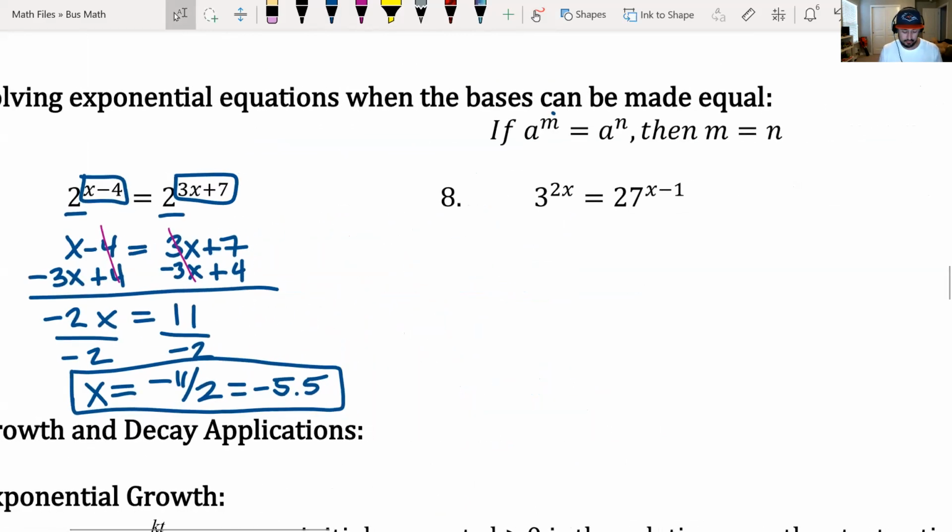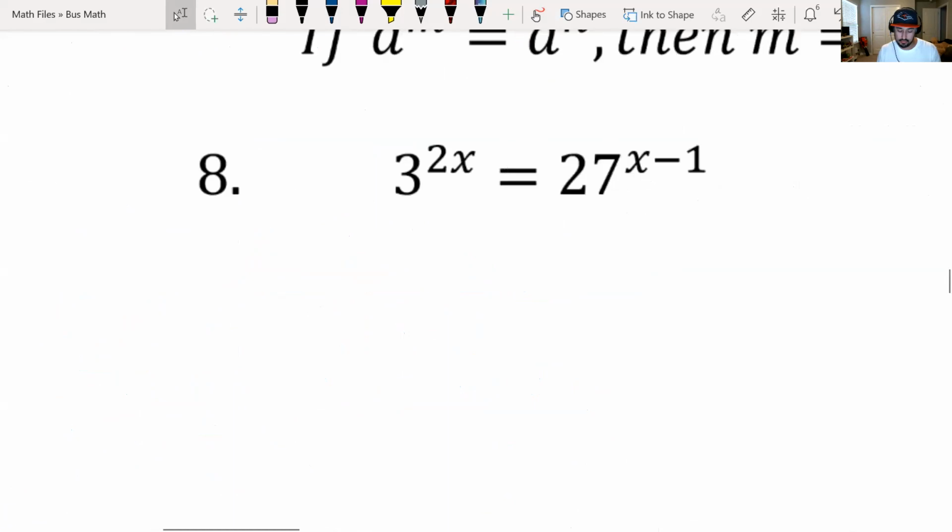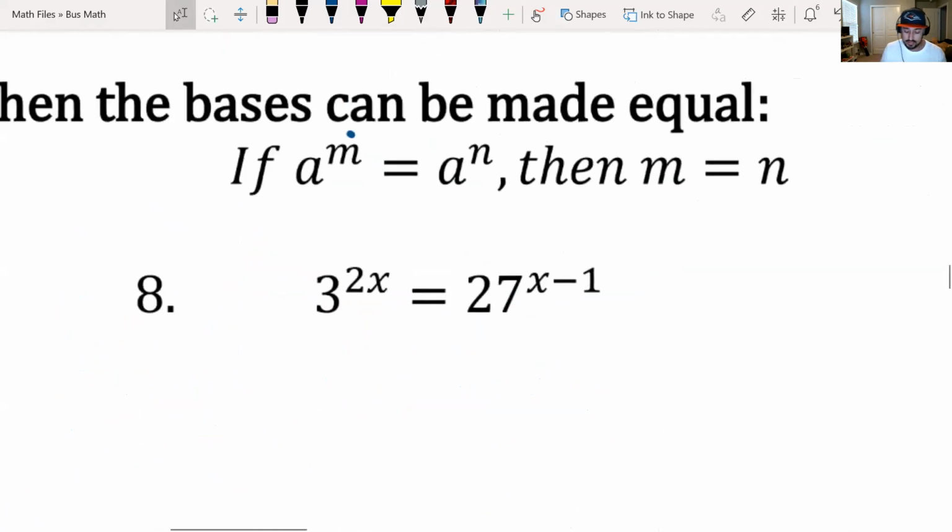Okay, do it again. Number 8. 3 to the 2x equal to 27 to the x minus 1. Well, we notice that the bases are not the same, but we can fix this. So our question is, can you make 27 into a base of 3?